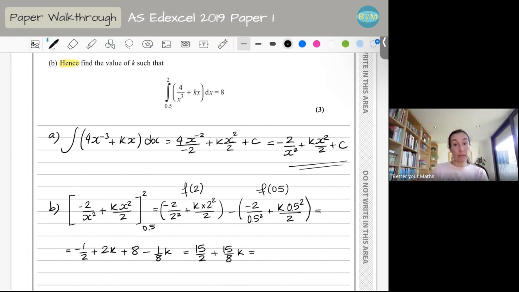I have worked with the expression until I cannot simplify more, and then I'm going to make it equal to 8. You can make this equal to 8 before and then work with the whole thing. It doesn't matter.